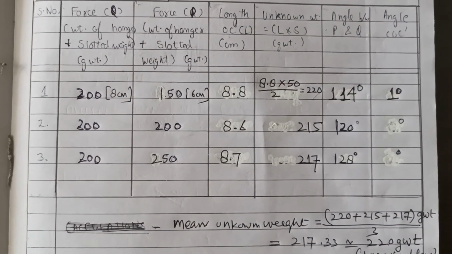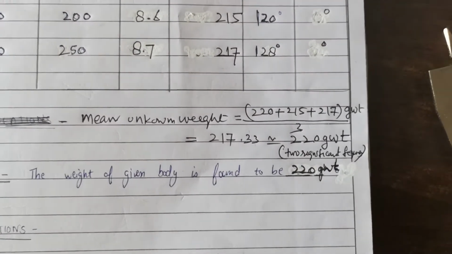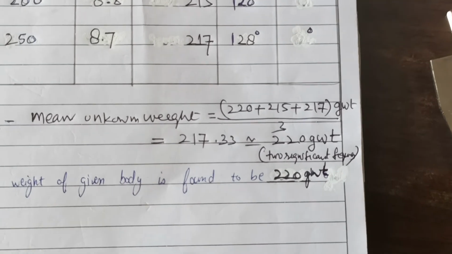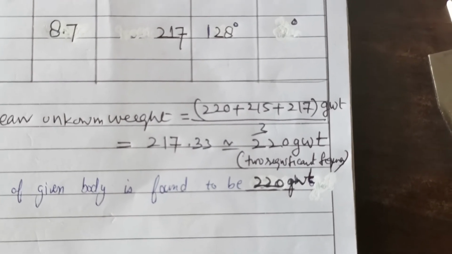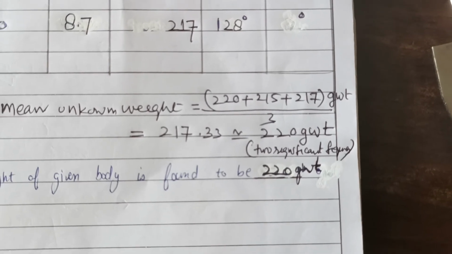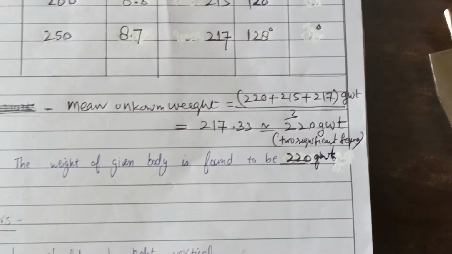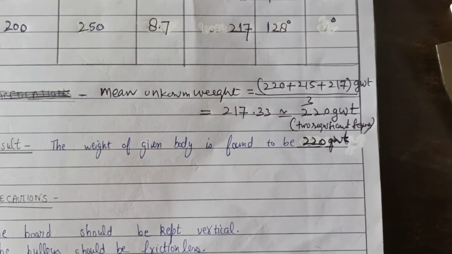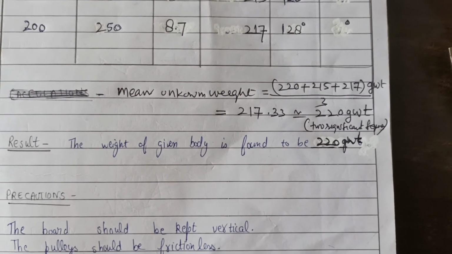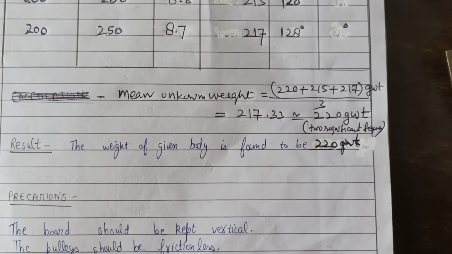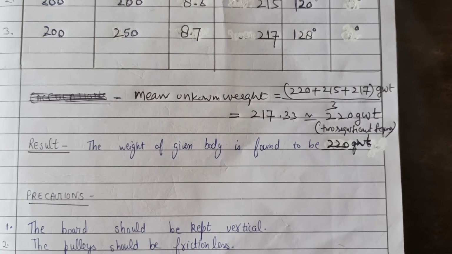The least number of significant figures is 2 in our observation, so we will have to restrict this answer to 2 significant figures, that is 220 gram weight is the correct answer after properly rounding off. So this is 220 gram weight. The final answer is the weight of the unknown mass, the body provided to us. We have found the weight of that body with the help of parallelogram law apparatus, and it is found 220 gram weight.